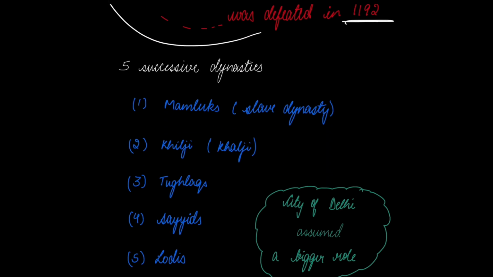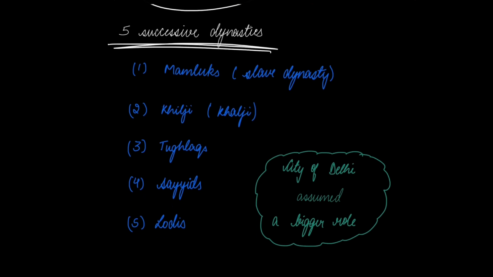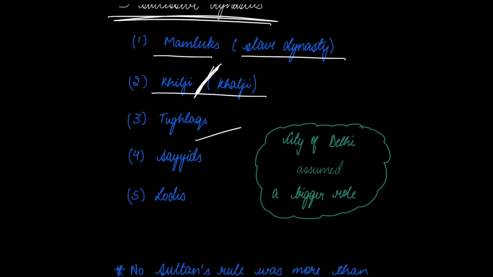In the Delhi Sultanate, primarily we can see 5 successive dynasties. The first is the Mamluk or the slaves, and next is the Khilji or Khalji. Both refer to the same thing, it's just a transcription difference. And next are the Tughlaqs, Sayyids and Lodhis.